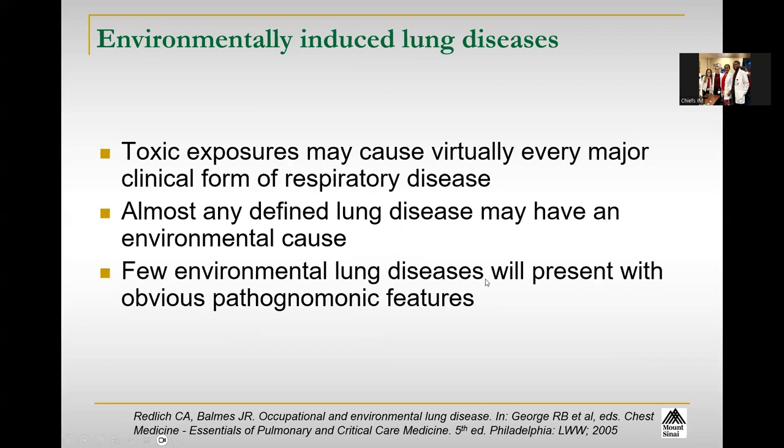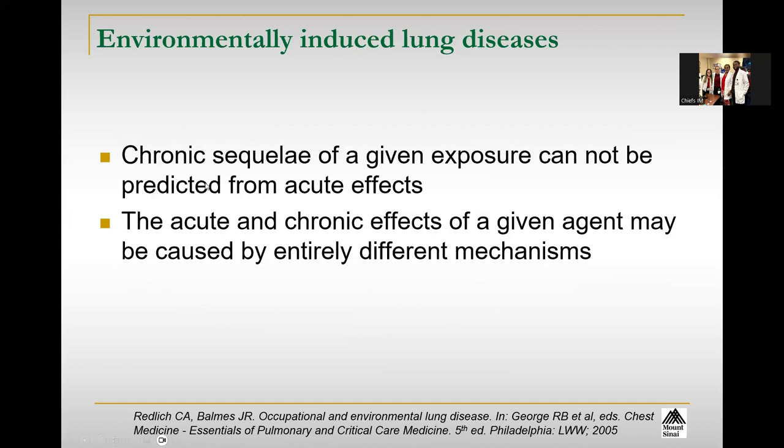Few environmental lung diseases will present with obvious pathognomonic features, and I'll review some of them just so you get a sense of some of those diseases that have idiosyncratic features, but the others do not differ from the non-environmentally determined counterparts.